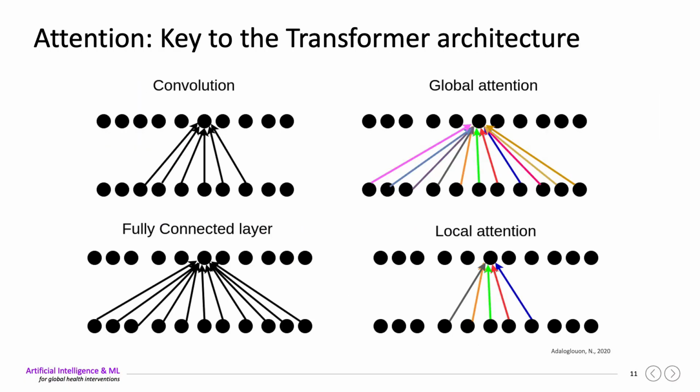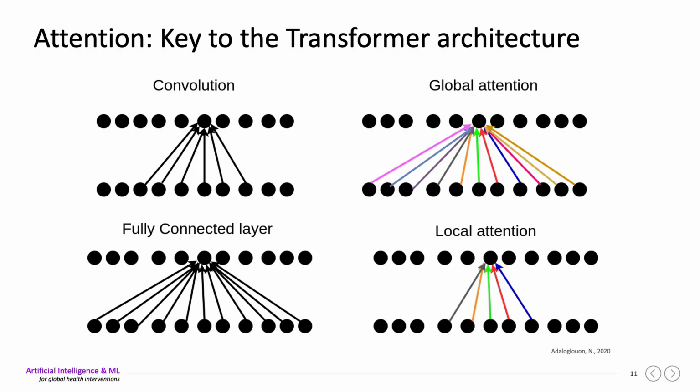Now, attention is the key to the transformer architecture, which we can contrast in 4 different ways. In a convolution, shown top left, each output attends only to a small local neighborhood of inputs, sharing weights across positions. In a fully connected layer, bottom left, each output connects to every input, but with fixed learned weights.